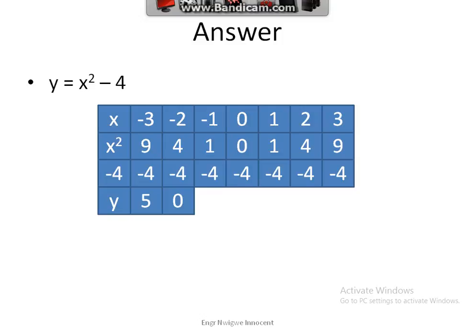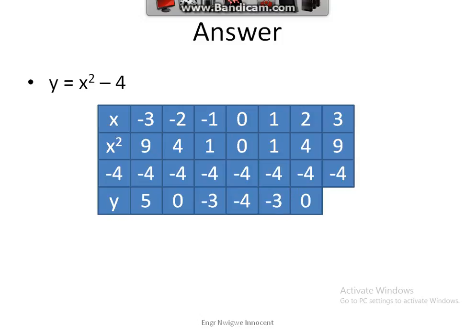For the third column, x squared is 1, minus 4, which is minus 3. For the fourth column, we have 0 minus 4, which is minus 4. For the fifth column, we have 1 for x squared, minus 4, which is minus 3. For the sixth column, x squared is 4 minus 4 to give 0.